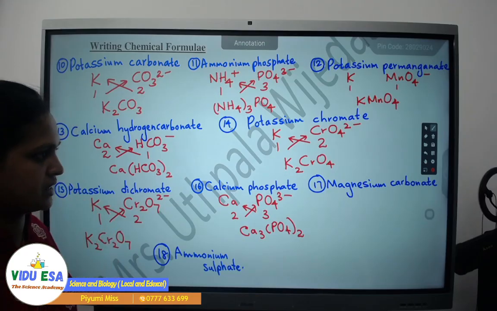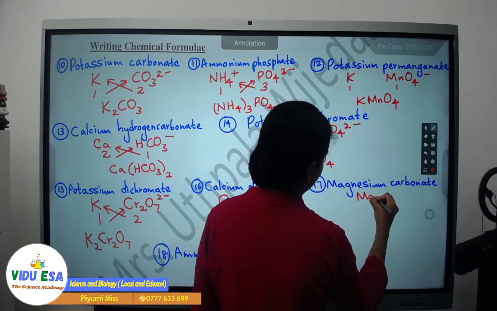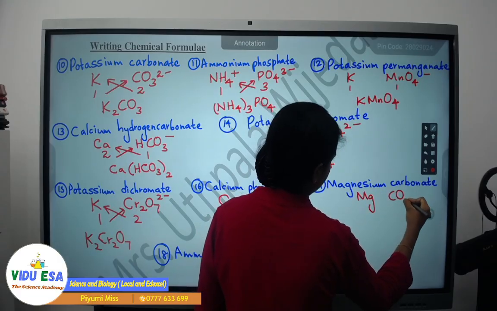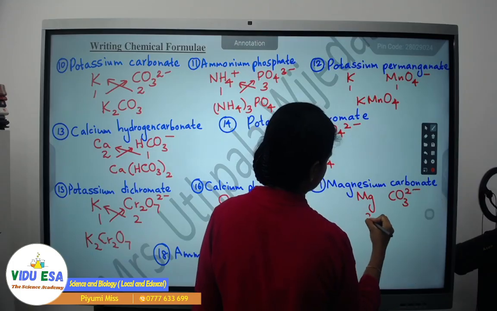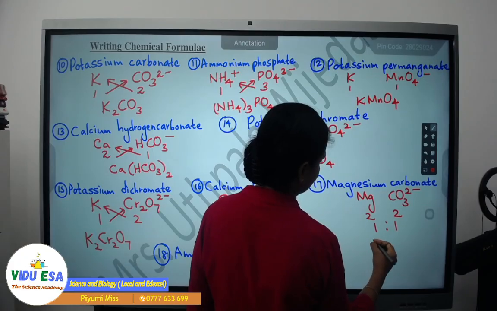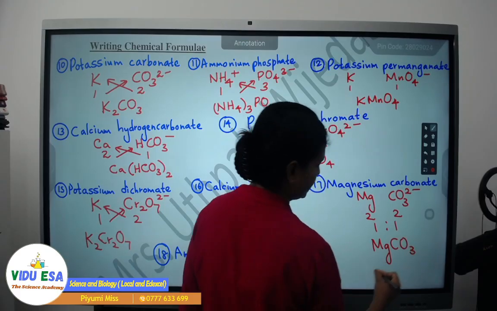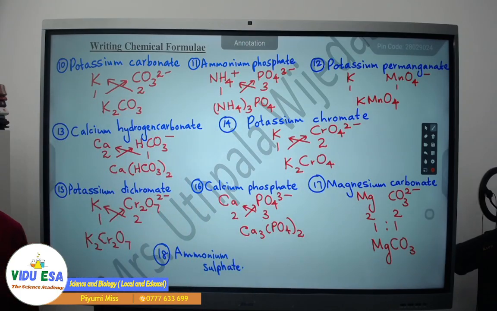Calcium phosphate. Then magnesium carbonate. Mg, here CO3 2 minus. Both are having valency 2. The simplest ratio is 1:1. Therefore, you can write it as MgCO3.